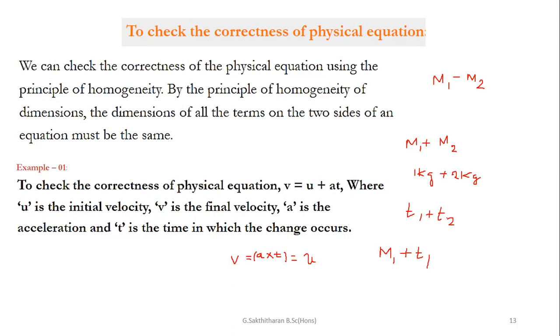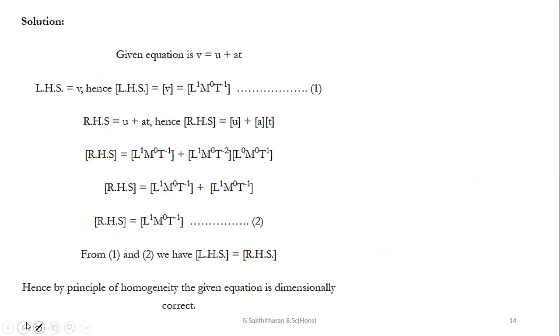Because this is the equation v equal to u plus at, here a and t are multiplying, and that multiplied physical quantity adds with u, and that is equal to v.